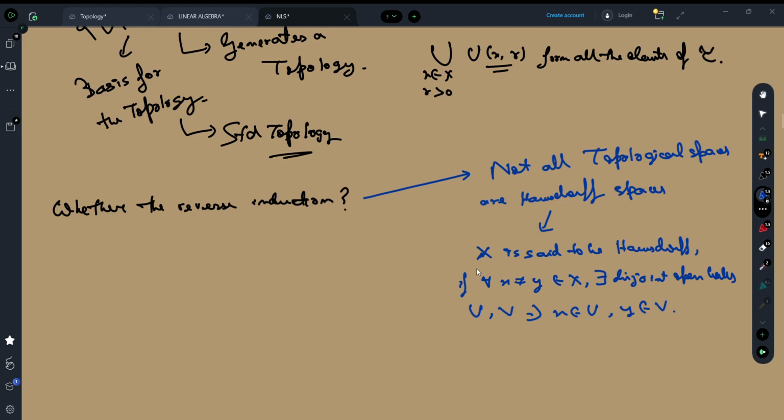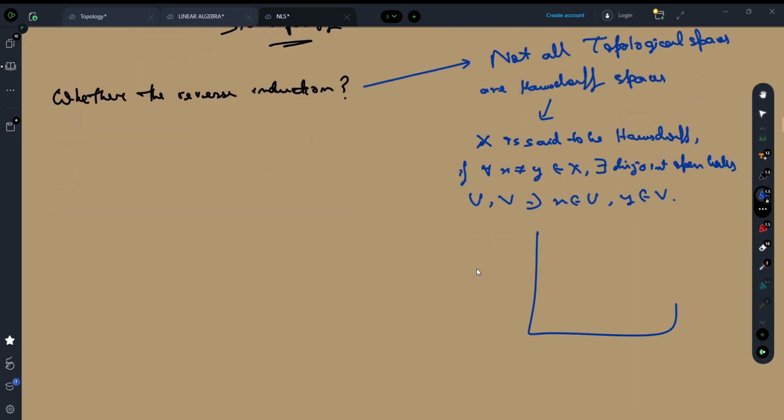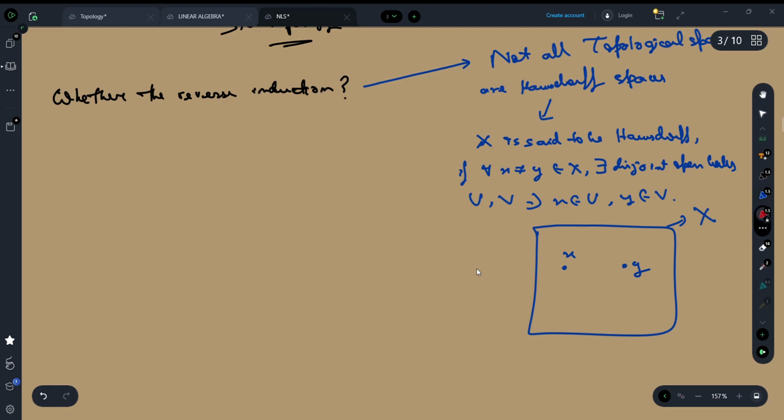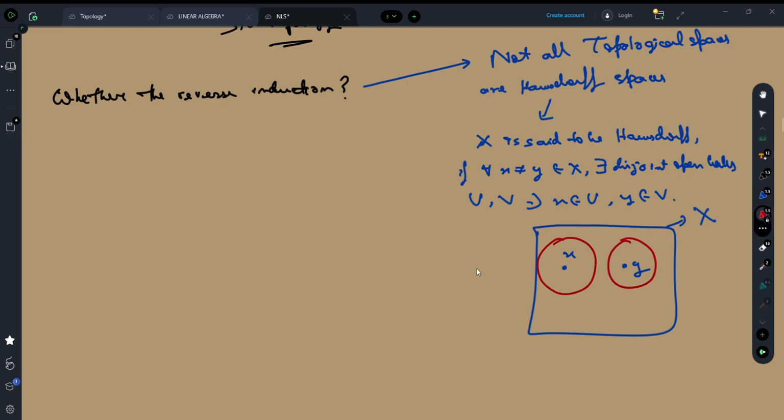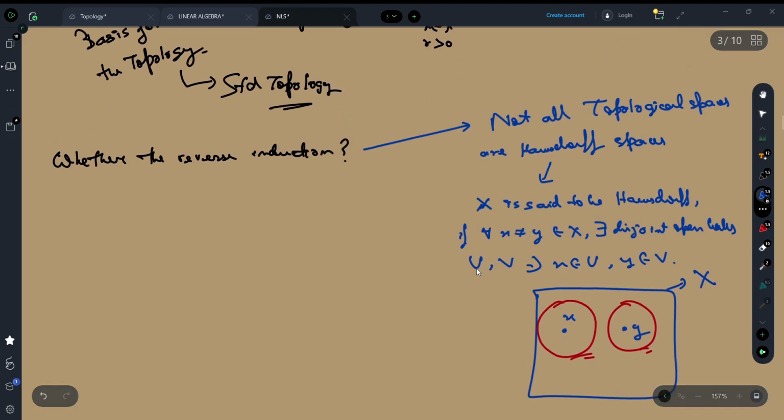If I give a pictorial hint to what I'm trying to say, suppose this is a Hausdorff space. Suppose you choose an element x from here and an element y from here, then you will be able to construct open balls like this, which do not intersect and contain each of these elements. So not every topological space is a Hausdorff space, and one of the prime examples is what we call a co-countable topology.